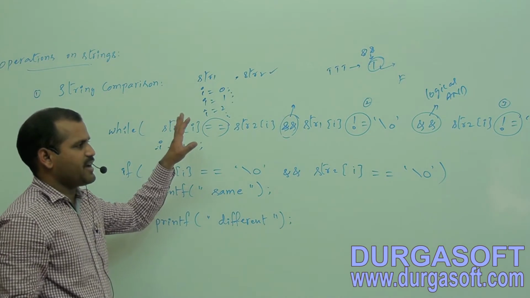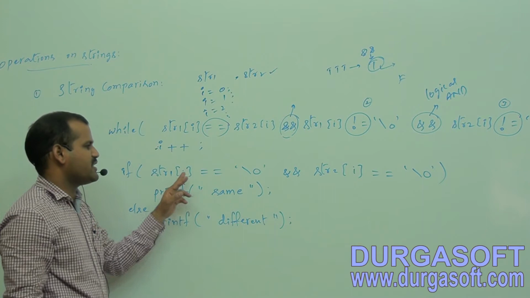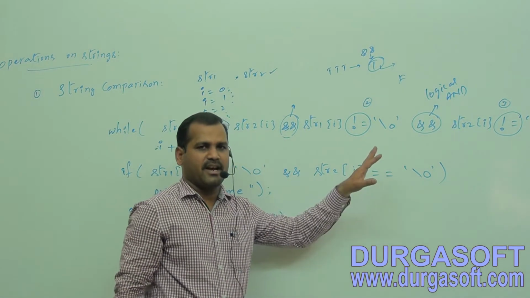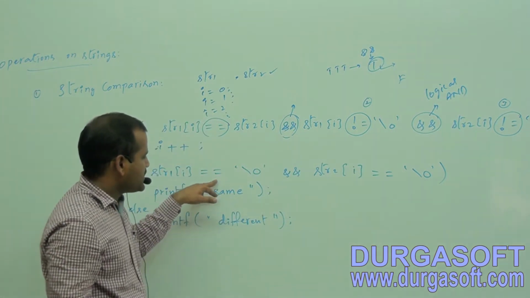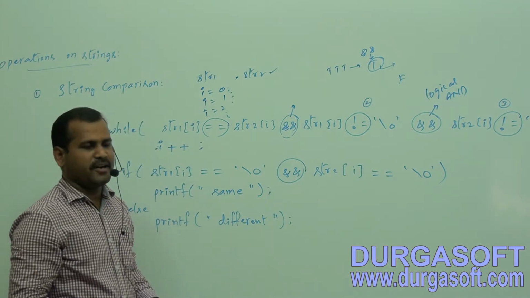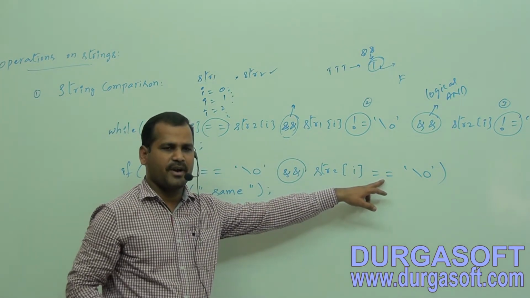After the while loop ends, we have to check whether string 1 is equal to the null character and string 2 also has the null character. Observe that here we again have a logical AND operation, with two comparison or relational operators.